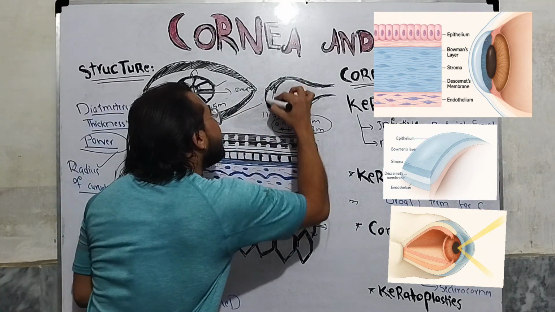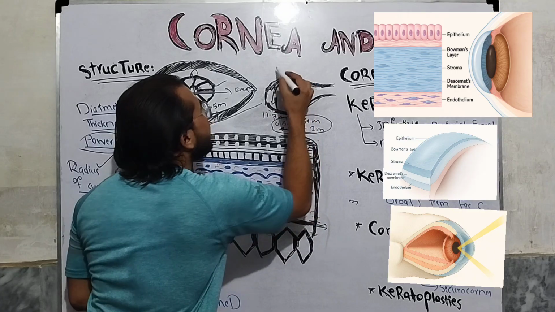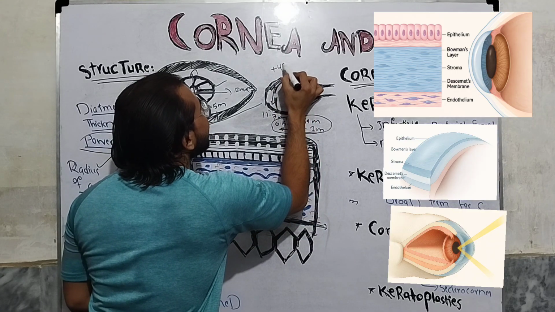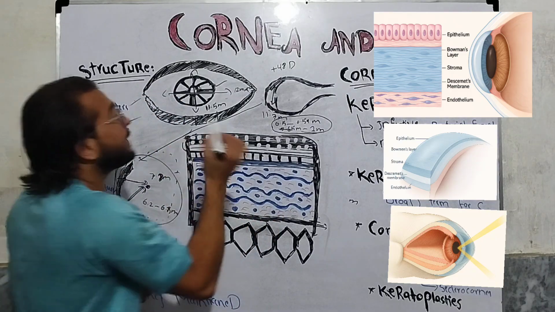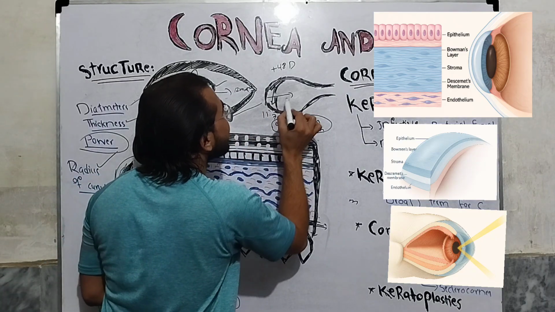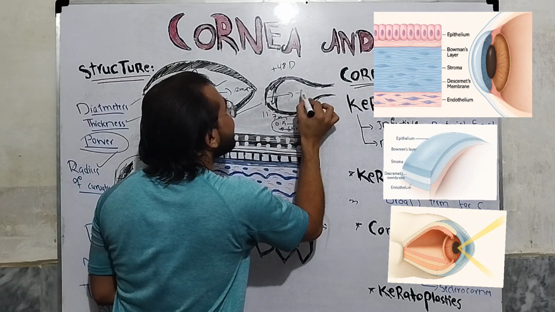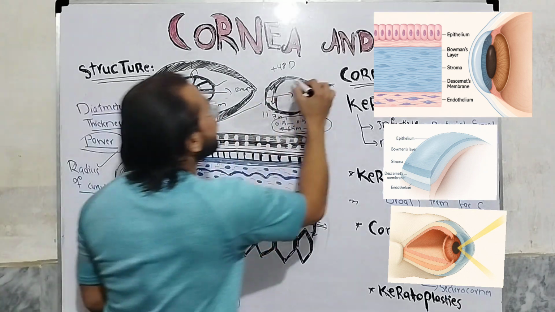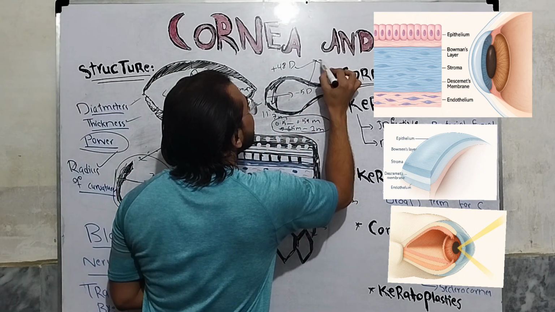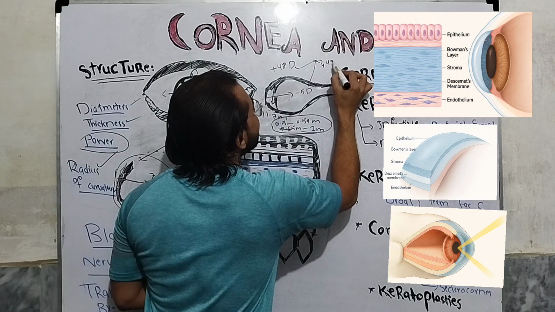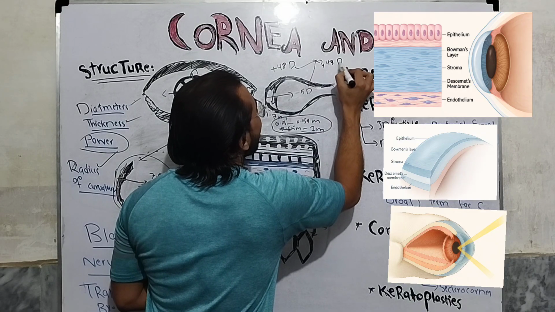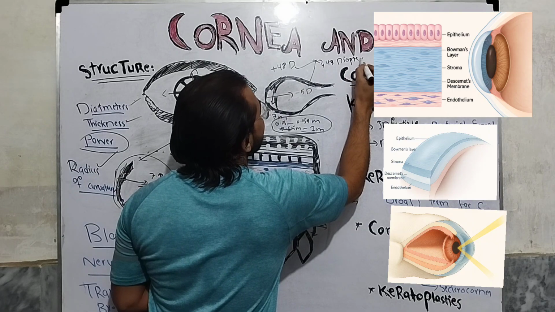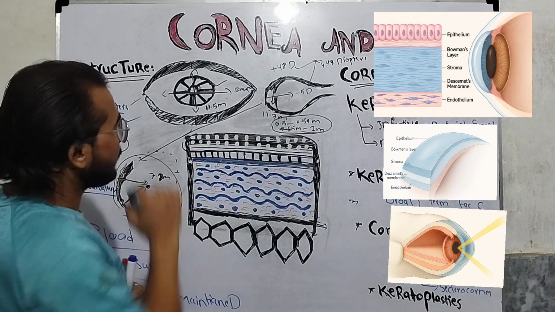The anterior convex surface has a power of about plus 48 diopters, and the posterior concave surface has minus 5 diopter power. So the average power becomes plus 43 diopters. It is a powerful natural lens. So this is the power of the cornea.